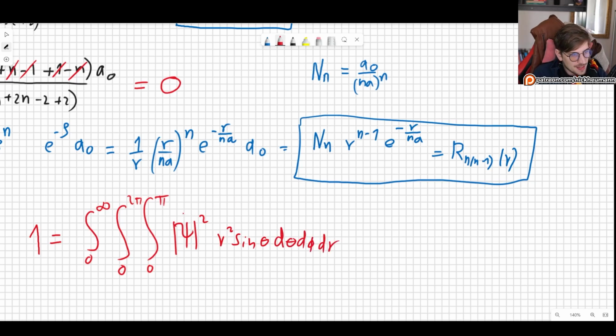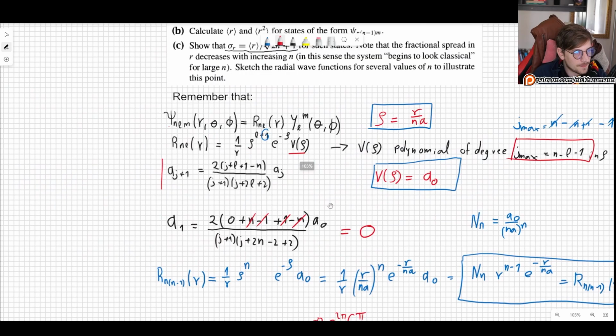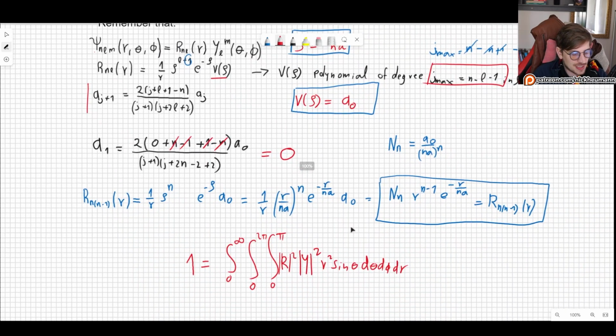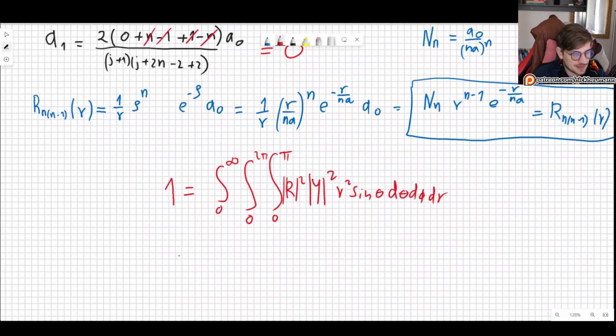And what we can do here, of course, is instead of having this, we plug in r and the spherical harmonics, right? We simply plug in this combination that we have here. We did separation of variables, that's all we did, and we separate the integrals.